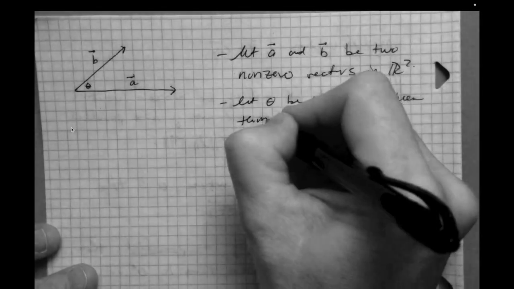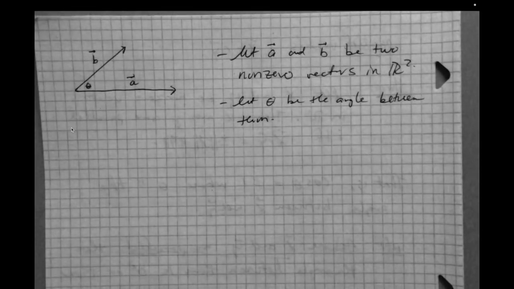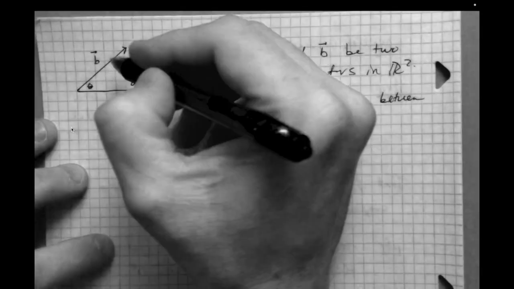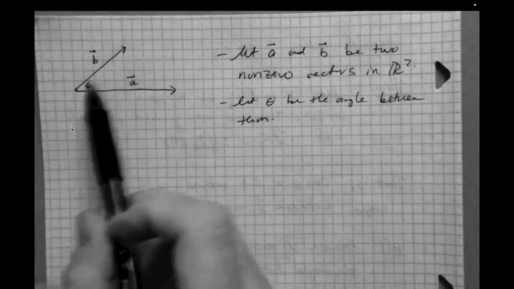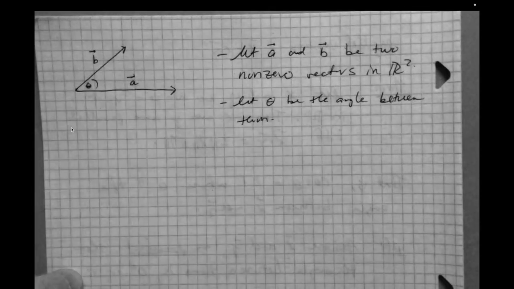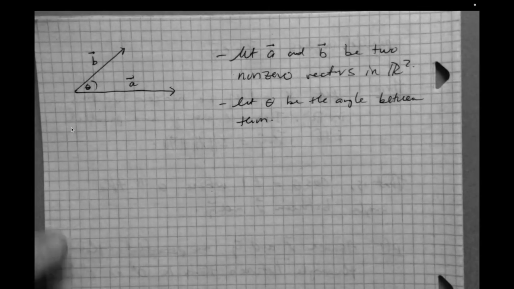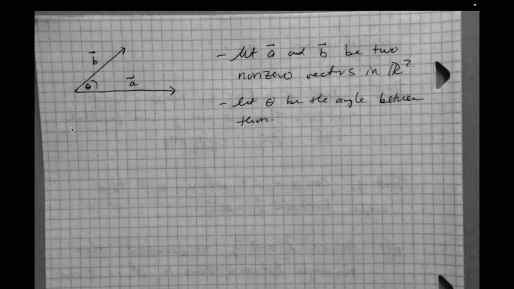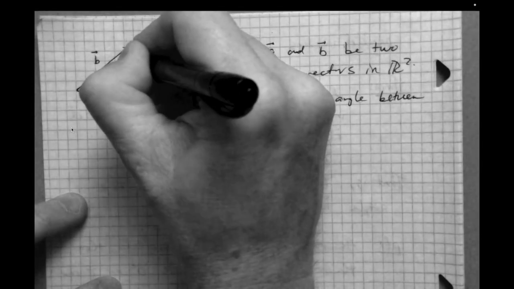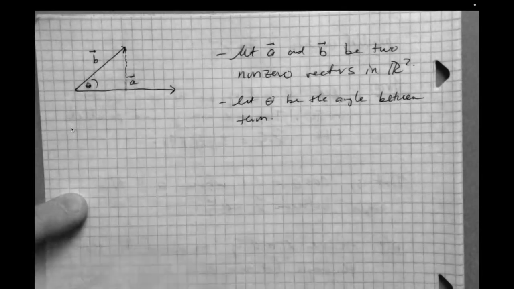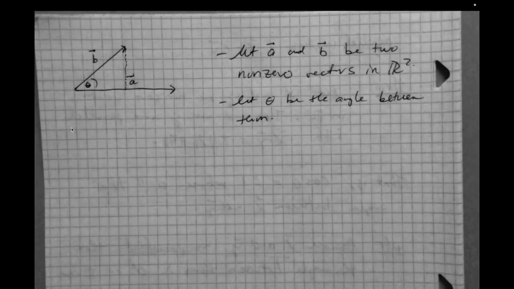Okay. The idea of the projection is, if you think about A and B in this relationship with one another, where there's some angle between them and their tails are at the same initial point, then you can think of dropping a perpendicular from B down onto A, or the line that A exists on.